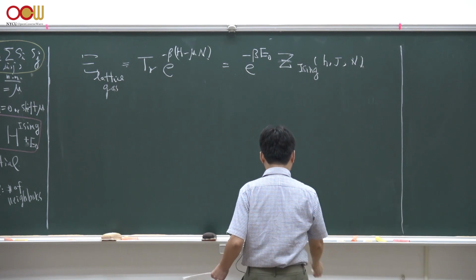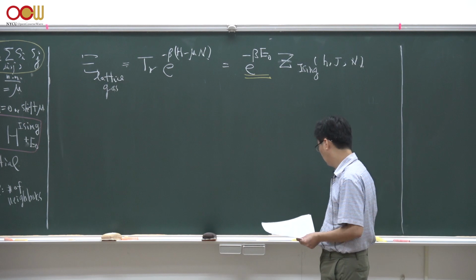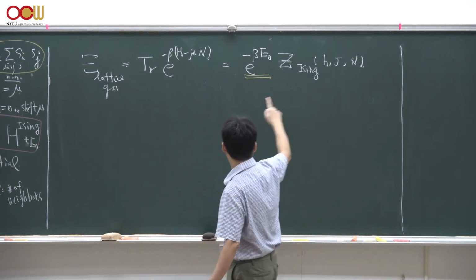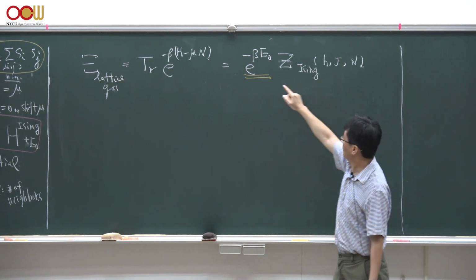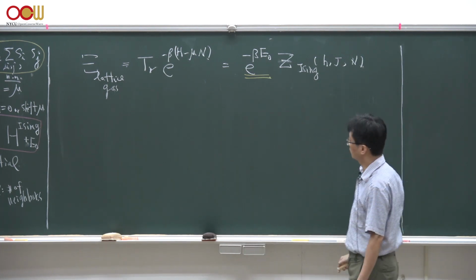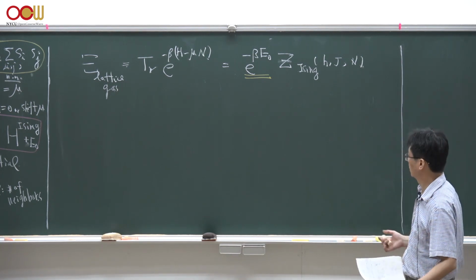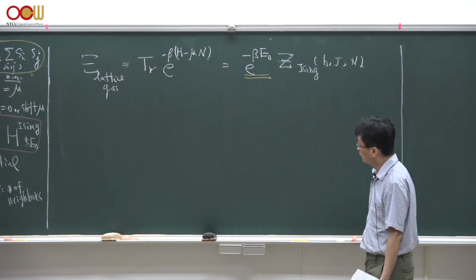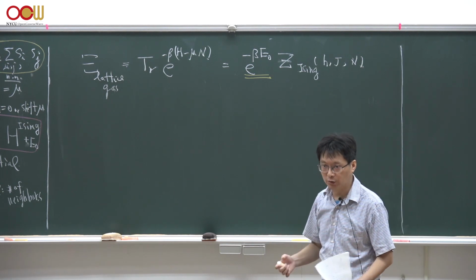So apart from this overall factor e to the minus beta E0, this partition function of a lattice gas is exactly the same as that for the Ising model. Okay? But that constant energy E0 doesn't change the physics or the phase diagram or the phase transition at all. It's just a constant energy shift. So after the constant energy shift, these two models are equivalent.